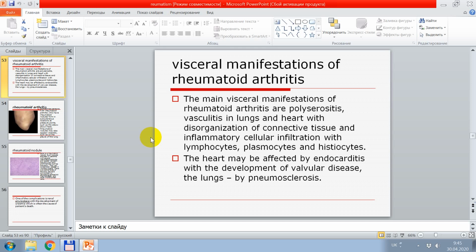Visceral manifestations of rheumatoid arthritis. The main visceral manifestations of rheumatoid arthritis are polyserositis and vasculitis in lungs and heart with disorganization of connective tissue, and inflammatory cellular infiltration with lymphocytes, plasmacytes, and histiocytes. The heart may be affected by endocarditis with the development of valvular disease, the lungs by pneumosclerosis.